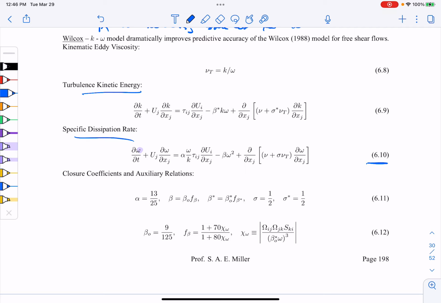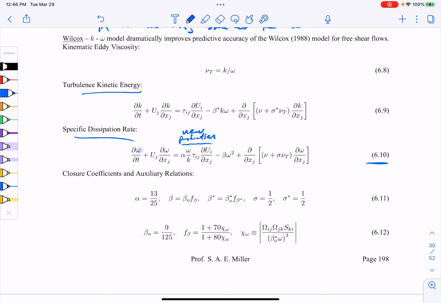And you'll notice really only one thing that's different from Kolmogorov's model, who had no computers, no excellent experimental data. And that's this term. And this is nothing but what we would view as a new term, right? And it's a production type term.